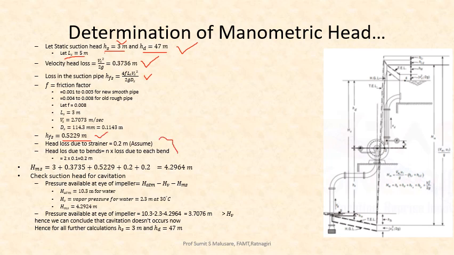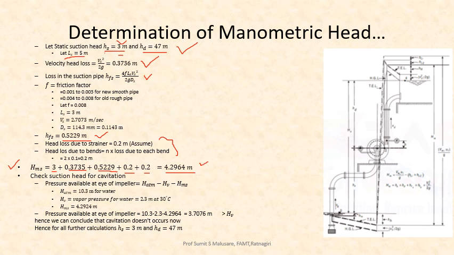The assumptions regarding the losses in the strainer and the losses in the bends will remain as they are, that is 0.2 meters. So now HM for the suction side comes out to be 3 plus 0.3735 plus 0.5229 plus 0.2 plus 0.2, that comes out to be 4.2964 meters.